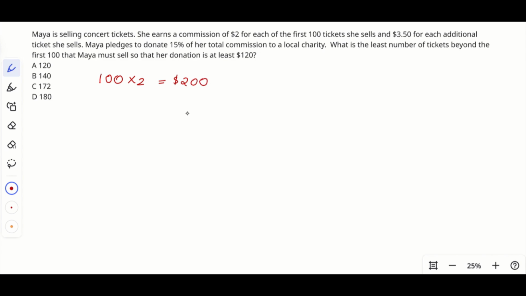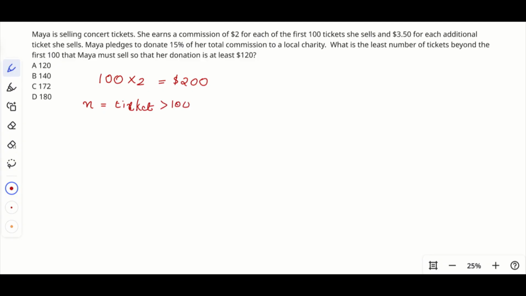Clear. Now let x represent the number of tickets she sells beyond the first 100. What is x? X is the tickets she sells additionally, right? Tickets she sells beyond the first 100. Okay, tickets more than 100.